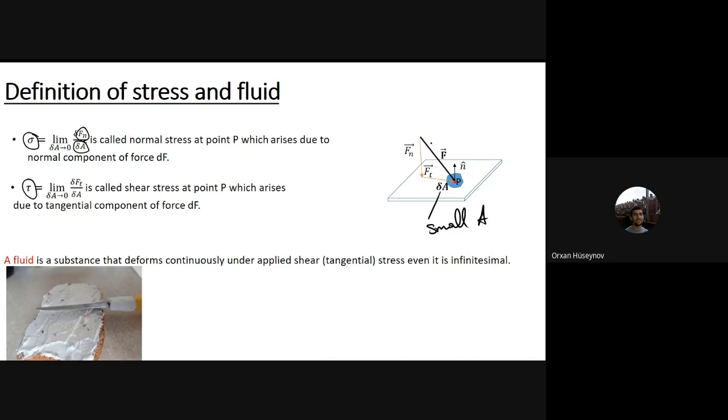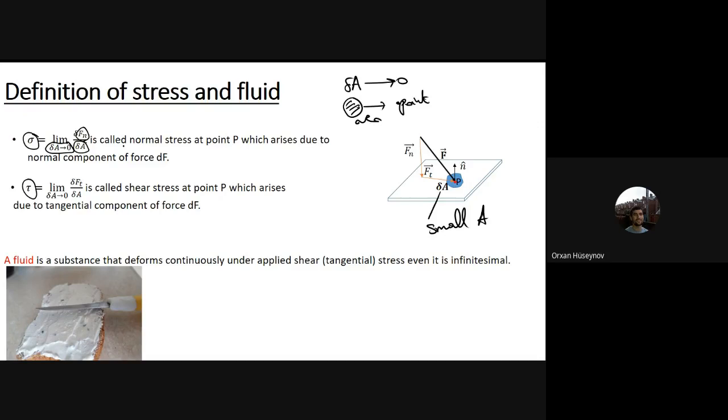That force divided by the area, but the normal force here we are talking about, this area should tend to 0. You can see the limit definition here. It should tend to 0. Why? Because when delta A tends to 0, then this area becomes a point.